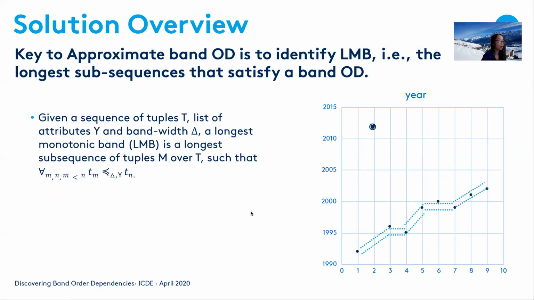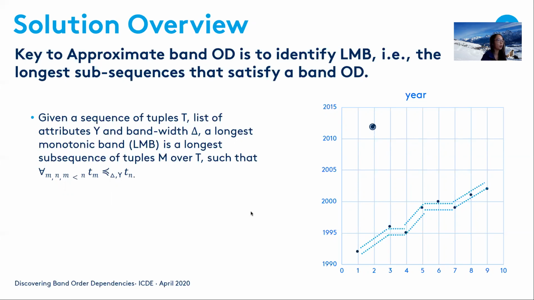If we put all the tuples satisfying the band order dependency together, we get a longest monotonic band. Once we find a longest monotonic band, it is easy to identify which tuples are outliers, and we know whether an approximate band order dependency holds in the input dataset or not.